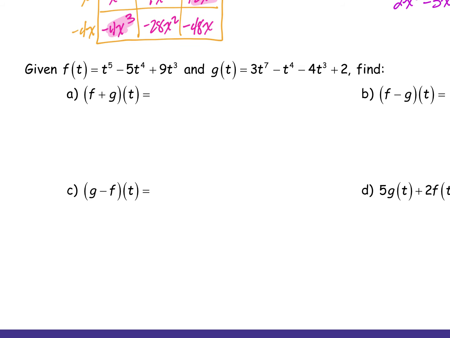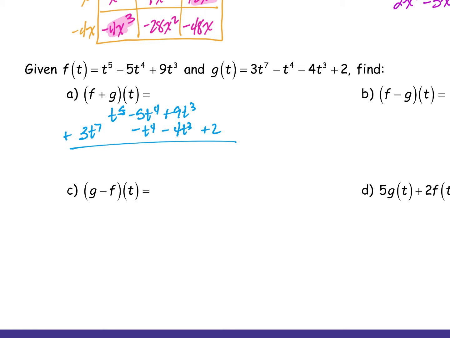So I've got, let's see, what do I have? t to the 5th, minus 5t to the 4th plus 9t cubed. And I'm going to add 3t to the 7th minus t to the 4th minus 4t cubed plus 2.